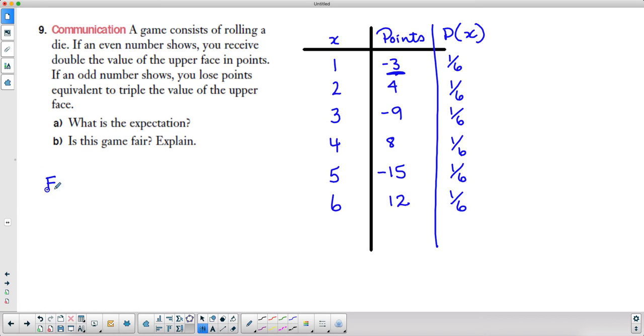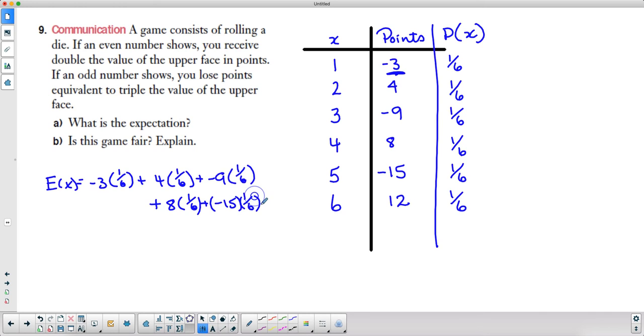So the expected value here is -3 times 1/6 plus 4 times 1/6 plus -9 times 1/6 plus 8 times 1/6 plus -15 times 1/6, and lastly plus 12 times 1/6.